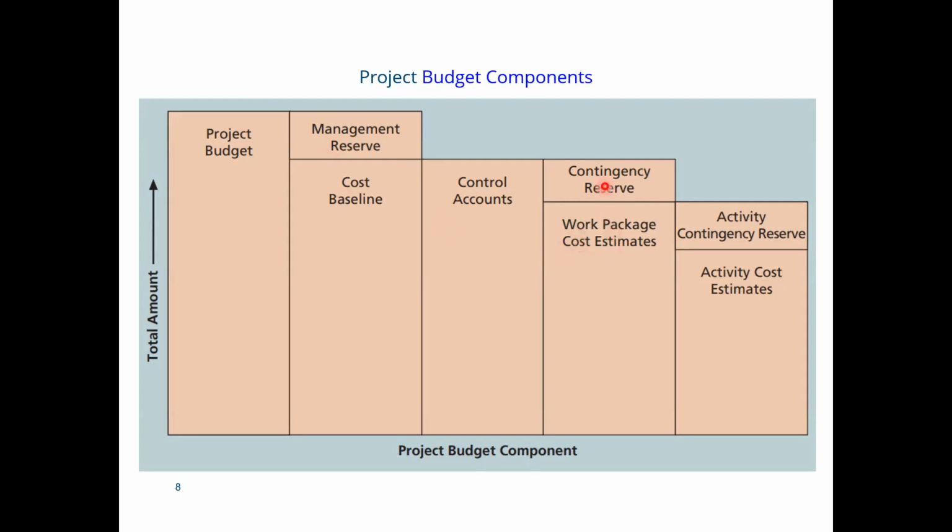As I told you, the management reserves we are not adding here, so only the contingency reserves are shown. Then further you can see the work package cost estimates are based on activity cost estimates plus activity contingency reserves. So this diagram is showing the various components of our project budget.